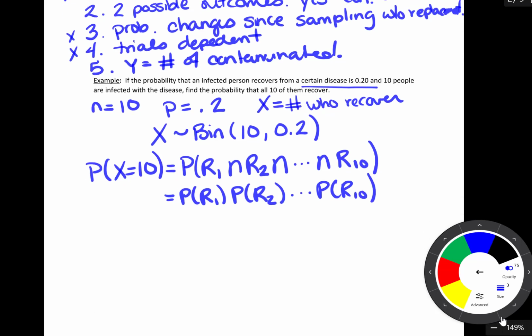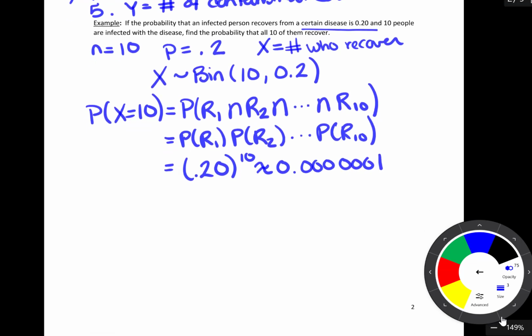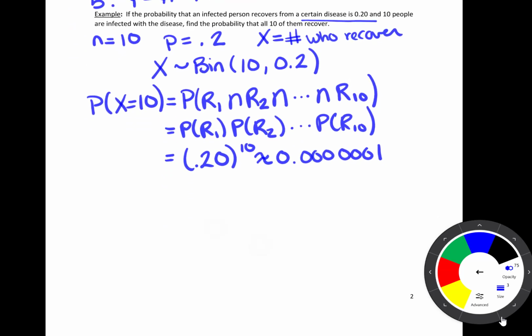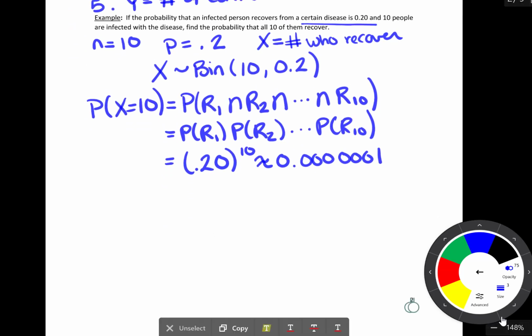And since each of the trials is identical, the probability of recovering for all of them is the same, and so this is going to be equal to 0.20 to the 10th power, which is approximately the following. So what if we wanted to find the probability that x was equal to 2, for example?